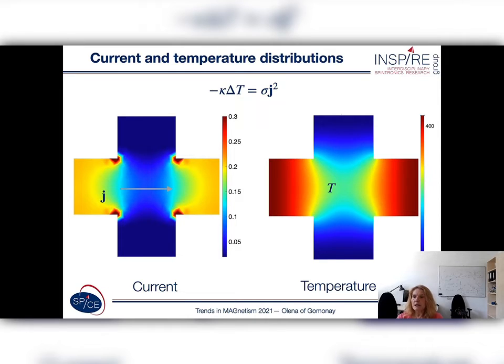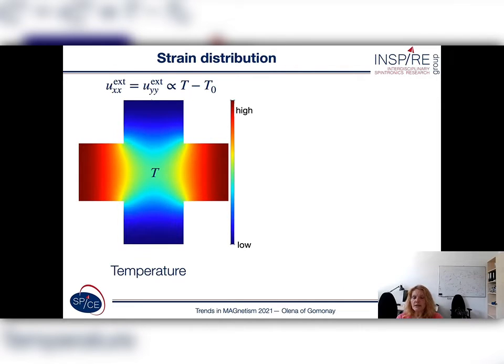And what is more important, the temperature distribution is coupled with the volume effect. So the lattice is expanded and the expansion is proportional to the temperature variation. However, such expansion is isotropic and cannot contribute to the anisotropy of the system and induce switching.